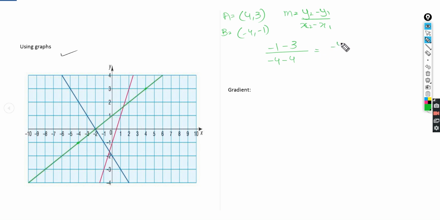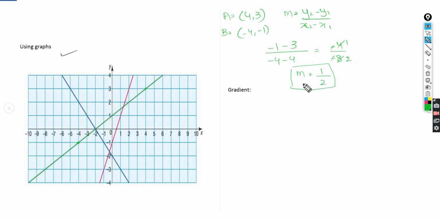This gives me -4 over -8. Minus cancels out, 4 ones are, 4 twos are. So my gradient, or my m, for this particular line, the green line, is 1 over 2.